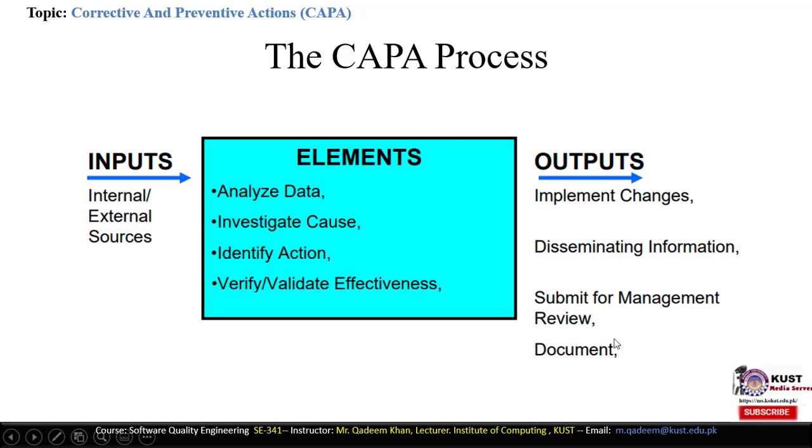And also all these steps will be documented to form the CAPA report. So documentation will be maintained for all the steps here.